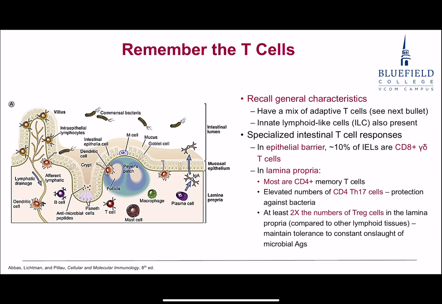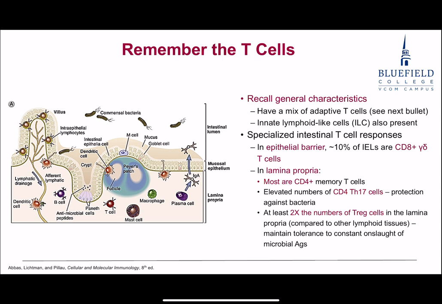They're predominantly CD8 positive. For your conventional T cells, most of these are in the lamina propria right under the epithelial barrier. So the epithelial barrier is predominantly gamma delta, subepithelial is predominantly conventional, and most of those are CD4 T cells in a memory state.